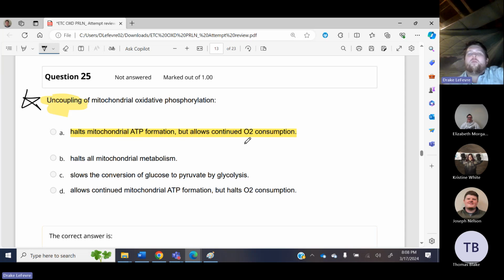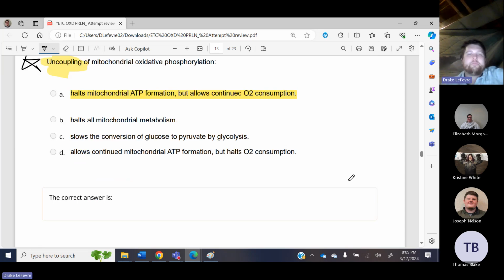He'll throw a couple of these on there that are the difference makers between that low 80s grade and getting up to a 90 and pushing above that. So these kinds of questions are the ones that typically do that.